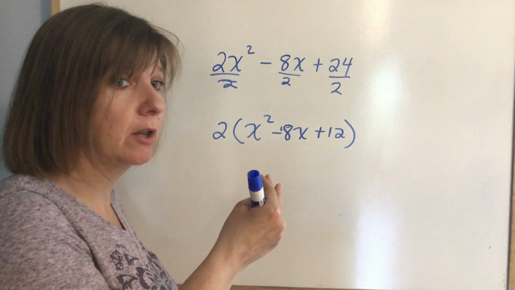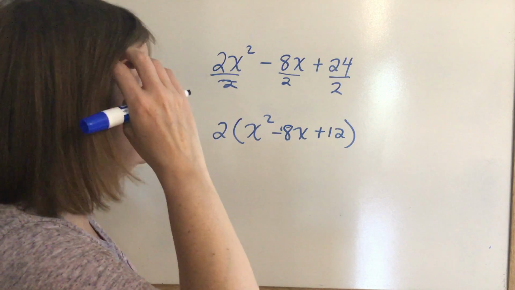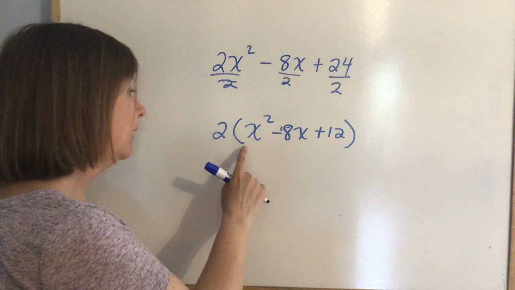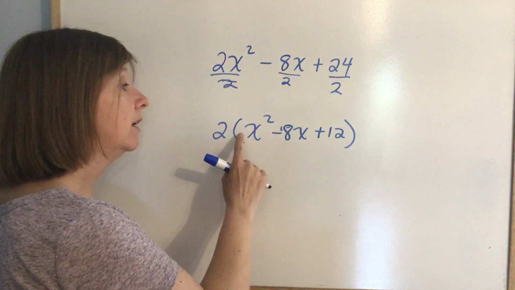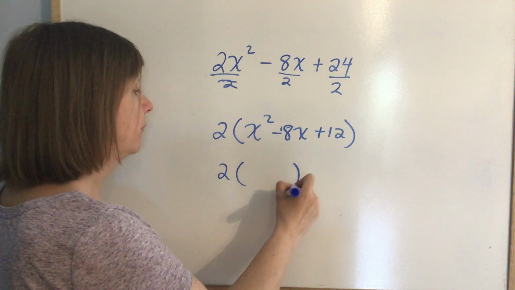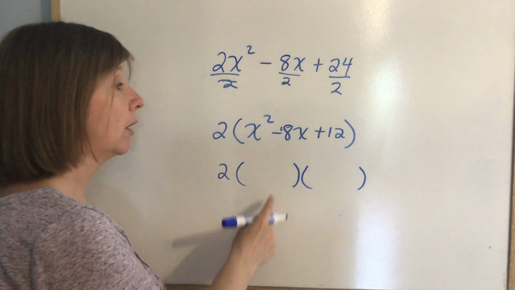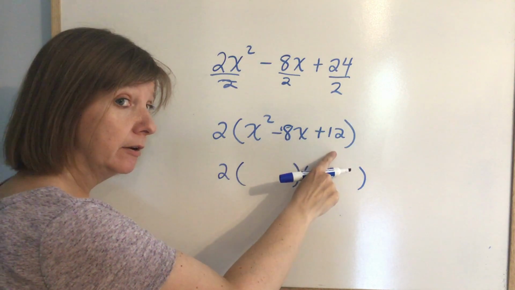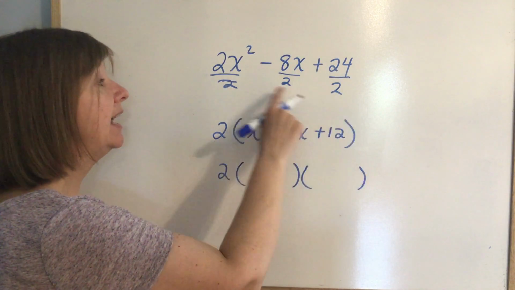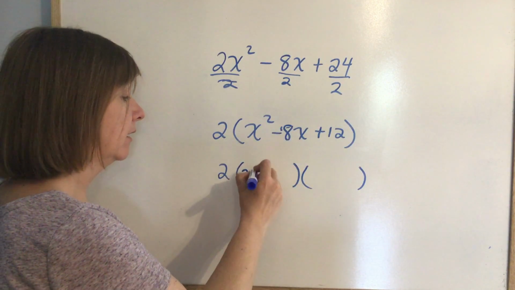You have factored it. You're good. The only question you need to ask yourself now is, could this break apart and factor even more? If it cannot, then you're done.